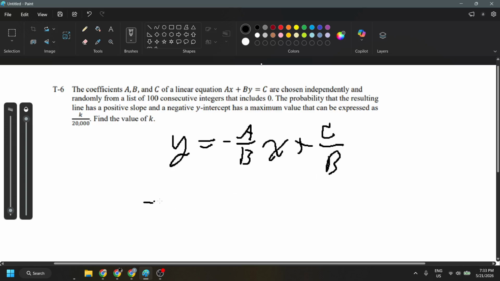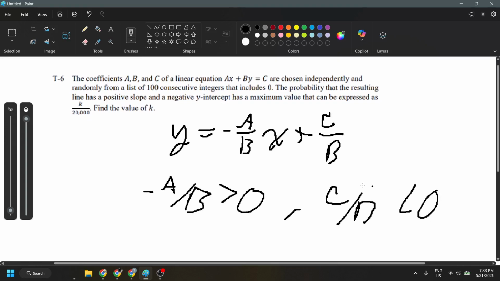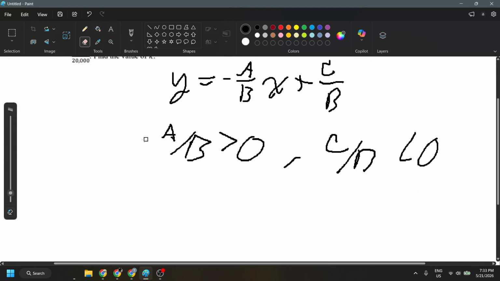So we want negative a over b to be a positive slope, greater than 0, and c over b to be less than 0. Rearranging this, a over b has to be less than 0. So both of these have to be negative.